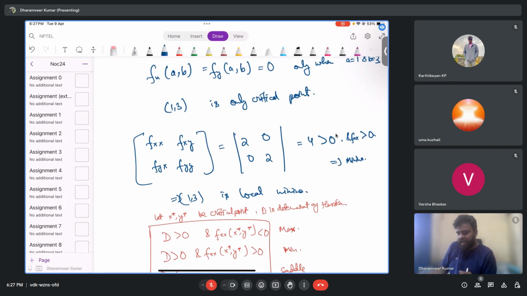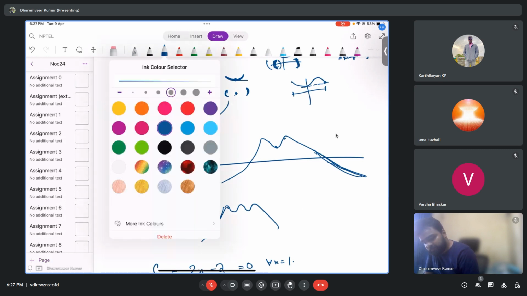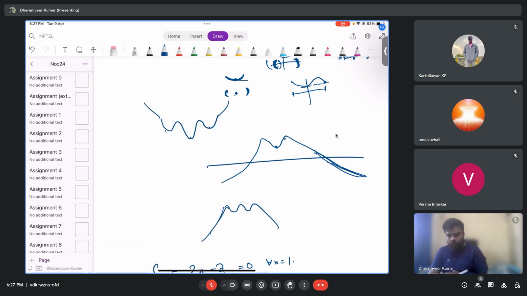Now, is it a global minimum? That's the question, right? Is it something like this? Or it cannot even go to infinity, like something like this. Okay, converging to some value, converging to different values.